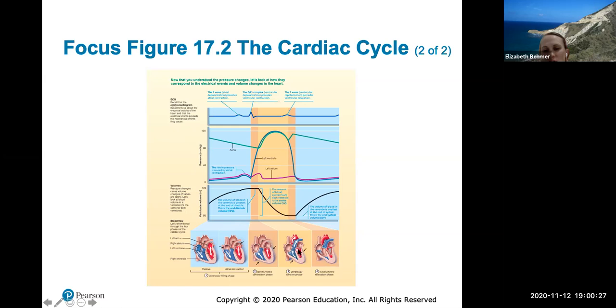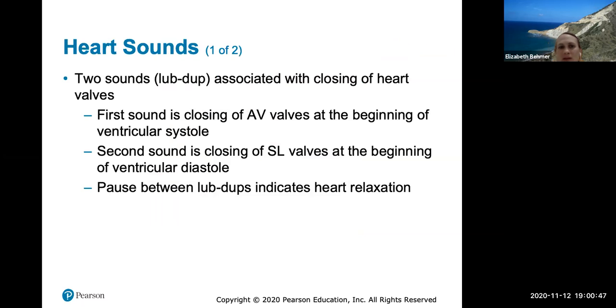Then you see the ventricular ejection phase, where pressure and ventricular volume greatly decrease as volume is ejected. And then the isovolumetric relaxation phase, where all valves are closed, but everything is relaxing and going back to normal.